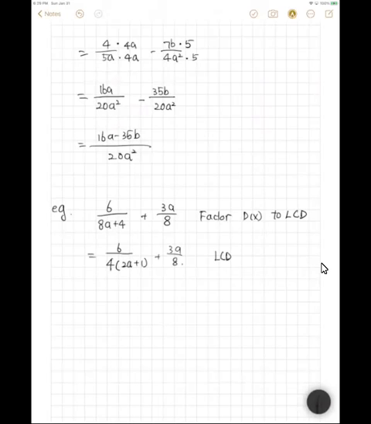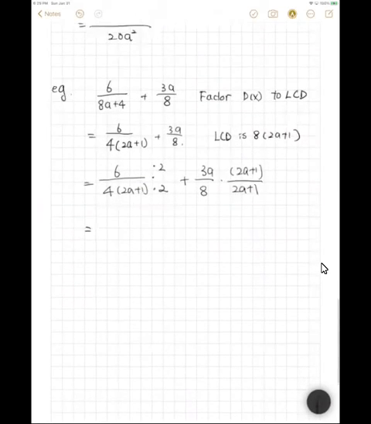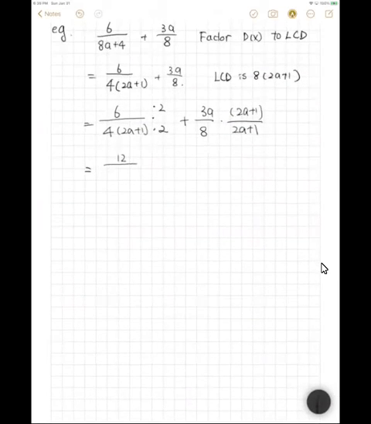The least common denominator is a times 2a plus 1. For the first fraction, you need to multiply 2 on the top and bottom. For the second one, I want to multiply 2a plus 1 on top and bottom to build up the least common denominator. So the first one is 12 over 8 times 2a plus 1. The second one would be 3a times 2a plus 1 over a times 2a plus 1.